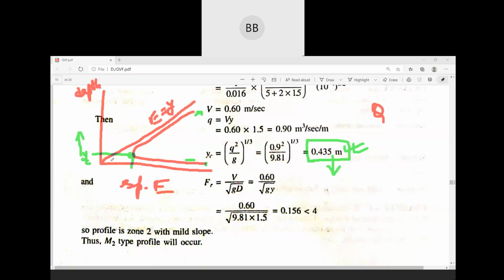Now if you draw a straight line through this minimum specific energy, it divides the whole specific energy curve into two parts: one is supercritical, one is subcritical.